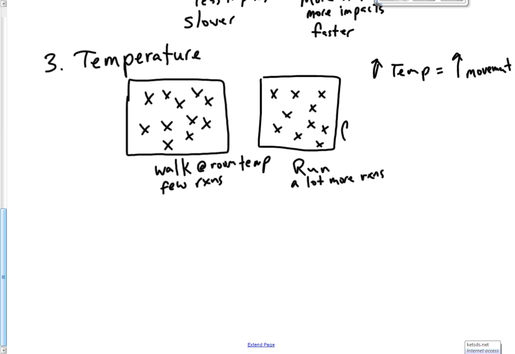So this is faster, and this is slower. The reaction is still going to happen. You're still going to run into somebody, but over here on the right, when you're running, you're going to run into somebody a lot faster, and a lot more often. All right, now obviously we wouldn't actually do this, but it's just a scenario.